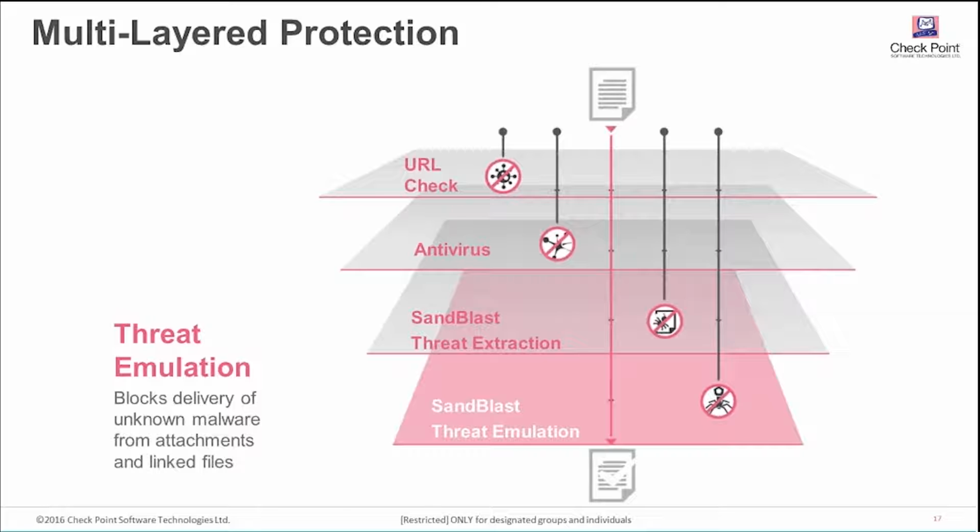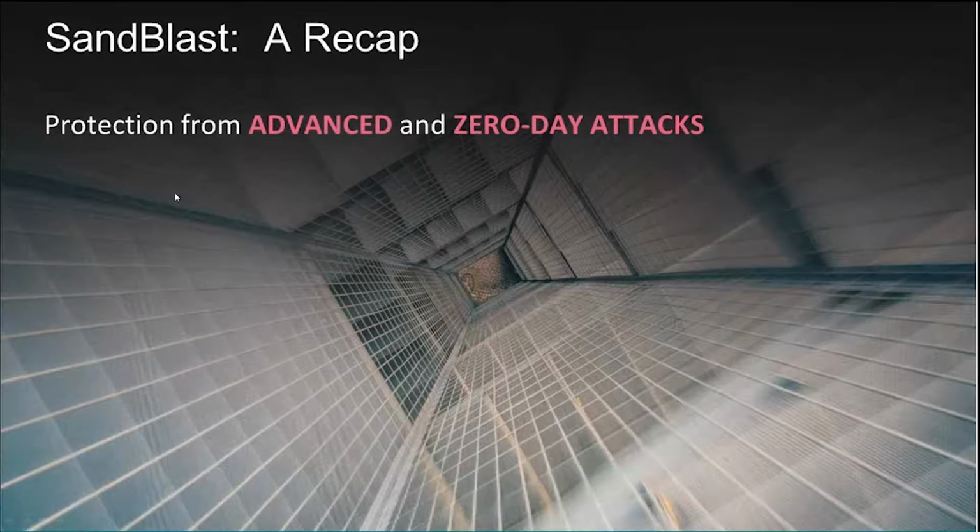Well, we're going to evaluate all of those types of files, more than 40 different file formats, using our sandboxing environment. And this will look at not just the attachments, but also any files that are directly linked from within the email message. So with these multiple layers, we're able to catch different types of malware that may be targeting your organization and prevent them from ever reaching your users.